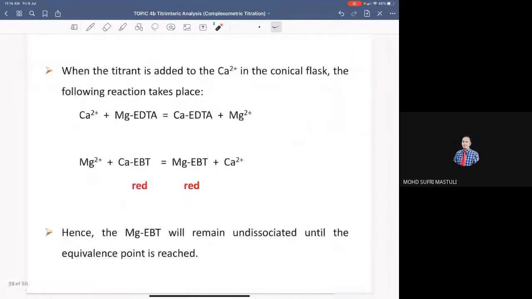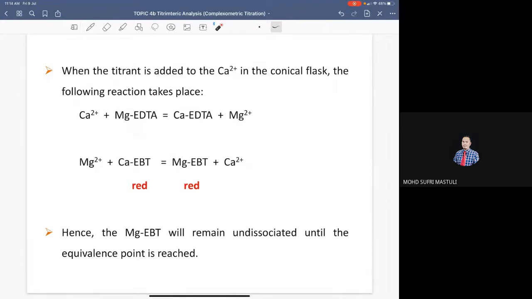So when the titrant is added to the calcium 2+ ion in the conical flask, the following reaction takes place. Calcium reacts with EDTA. EDTA is the titrant in the burette.